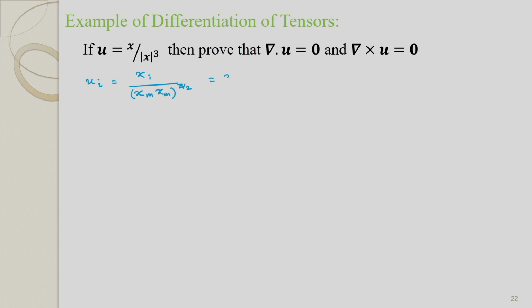So this we can further write as... Now if we write divergence of u, that is del ui by del xi, now we can apply the product rule.